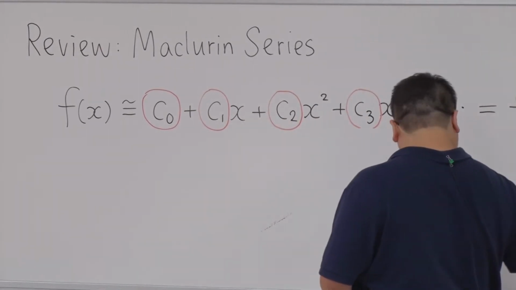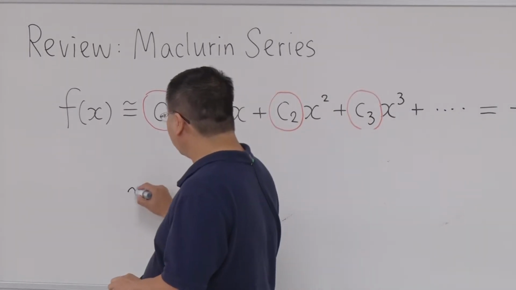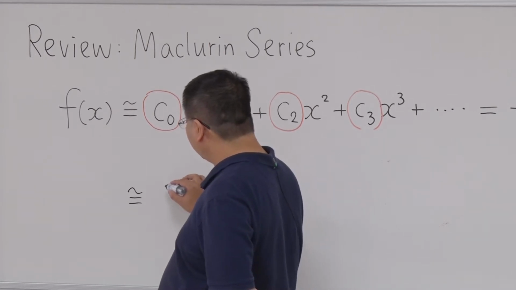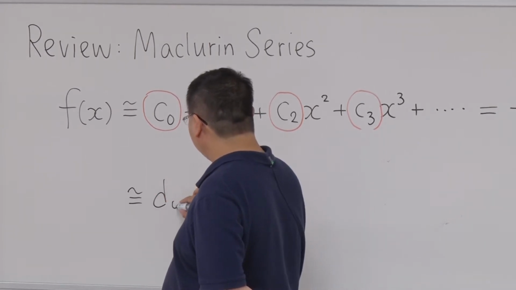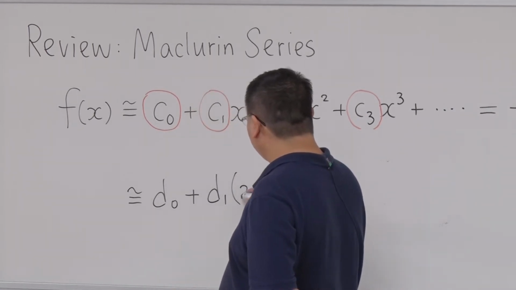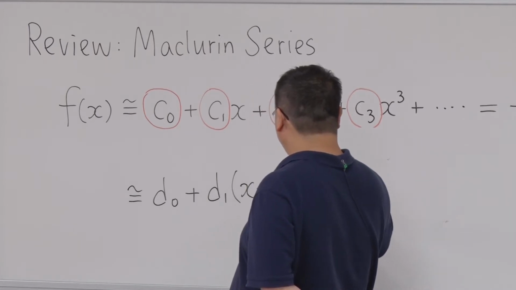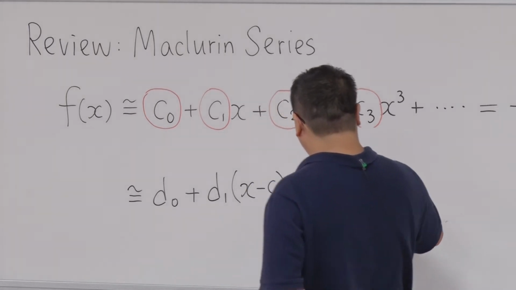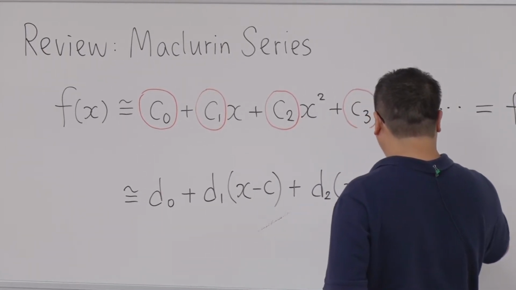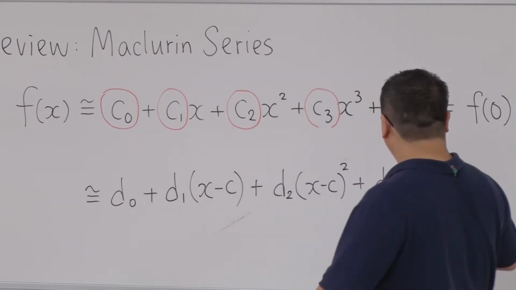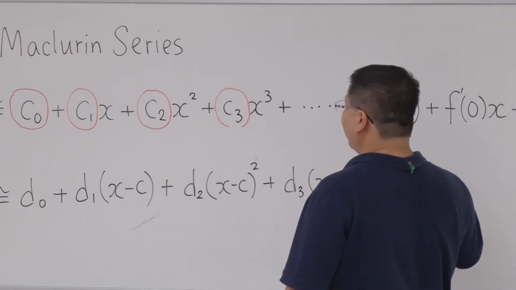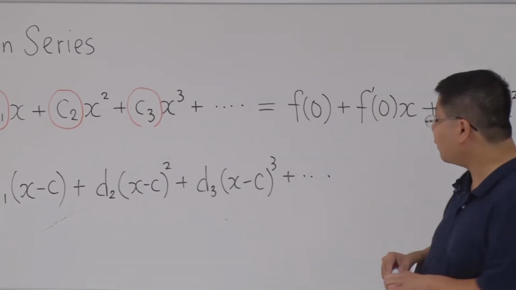If you look at Taylor's expansion, we hope to think of this as a function of some other constant, let's say c: d0 plus d1, but I don't like x, I like x minus c, plus d2 x minus c squared plus d3 x minus c cubed, and so on and so forth. We think of this as something like this.